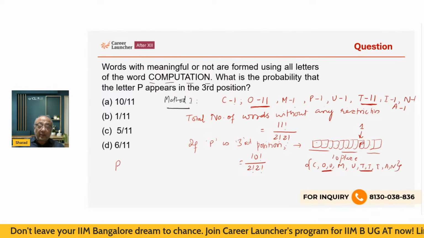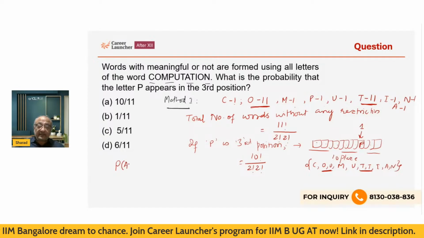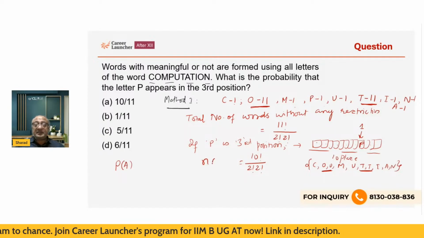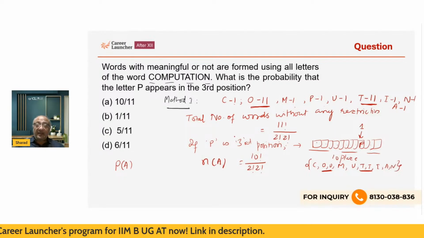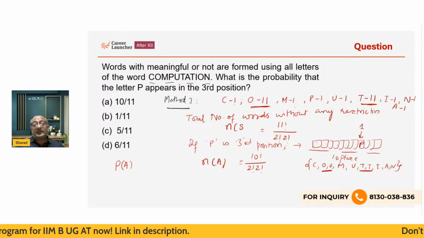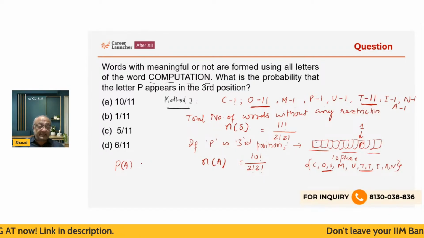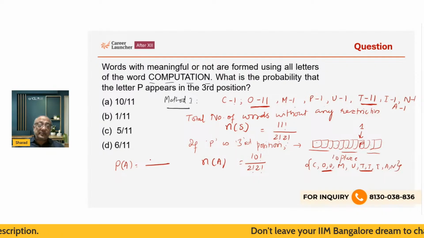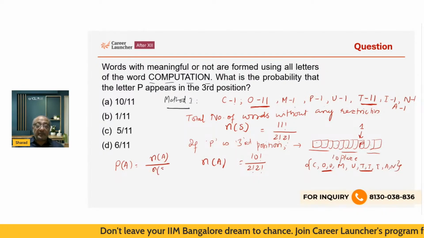So what is my probability of this event? This is the number of ways favorable to A. This is the total number of ways. We write this as n of S, that is the number in sample space, but you have to always remember this is the total number of ways which are being asked.